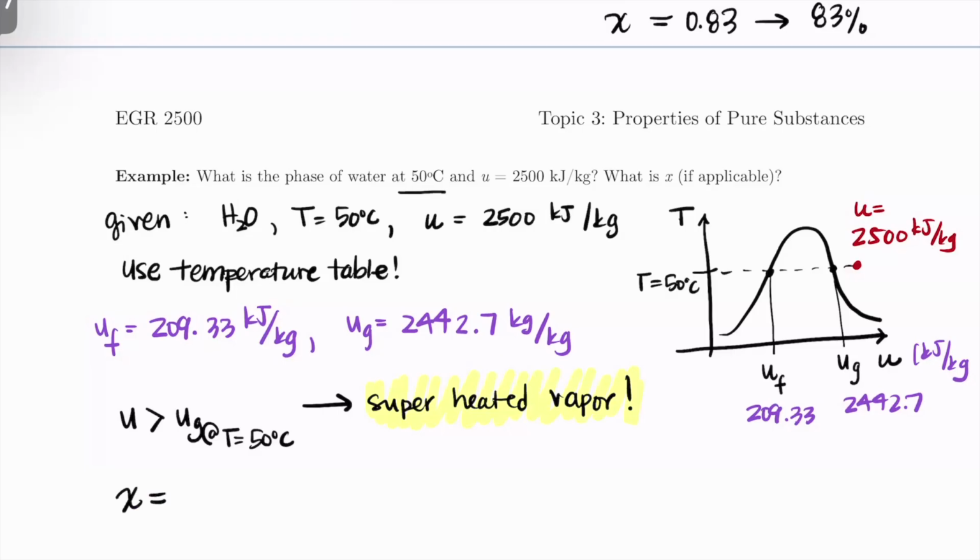What can we say about the quality? It doesn't exist. So this is undefined since it's not a saturated liquid vapor mixture.